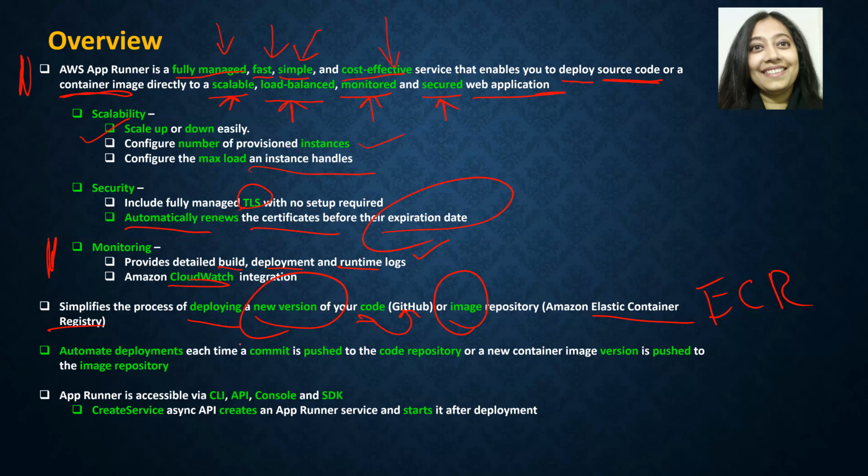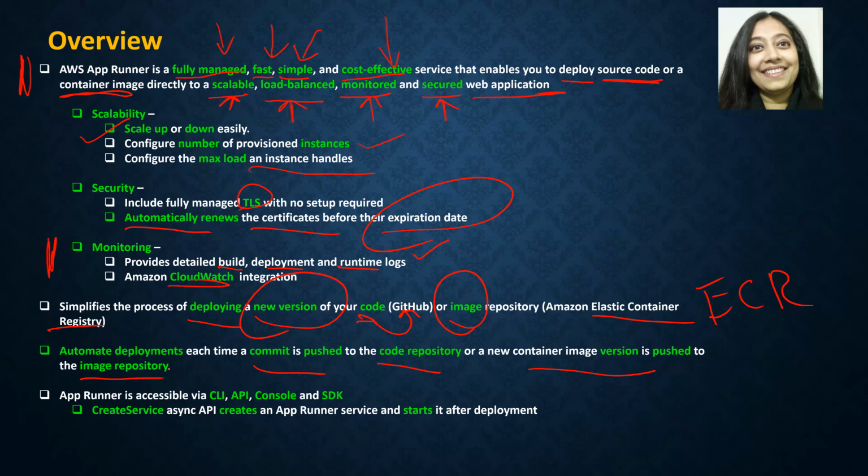Every time a commit is pushed to your code repository or a new version of your container image is pushed to your image repository. If it detects a commit or a push to the repo, it will pull the latest and greatest and automate the deployment of your application. So you don't have to worry about that as well.